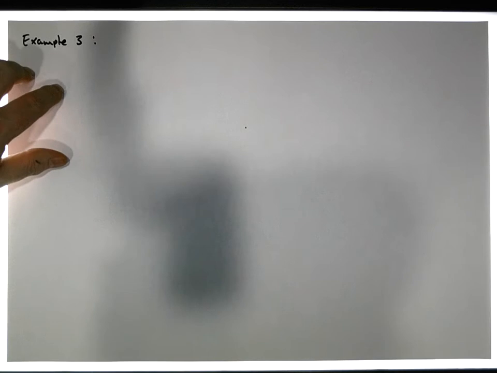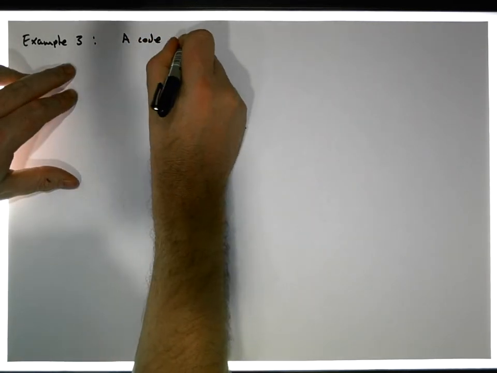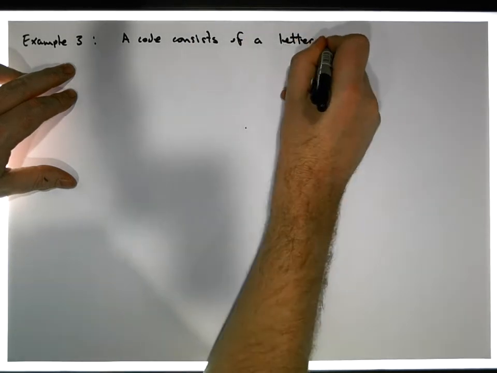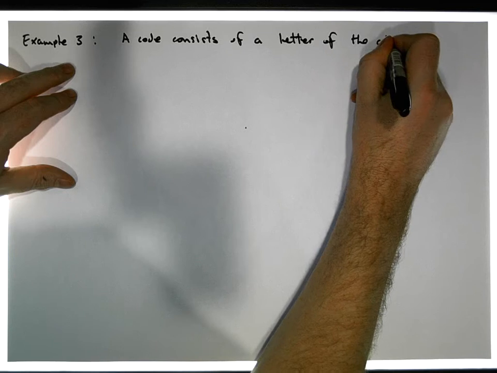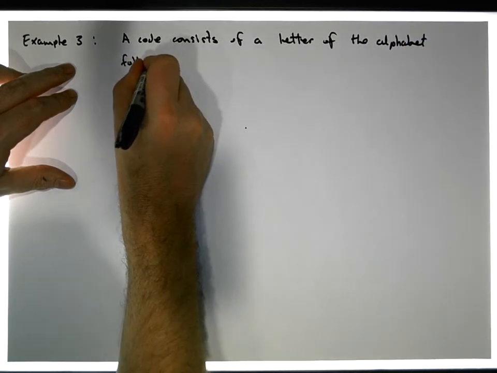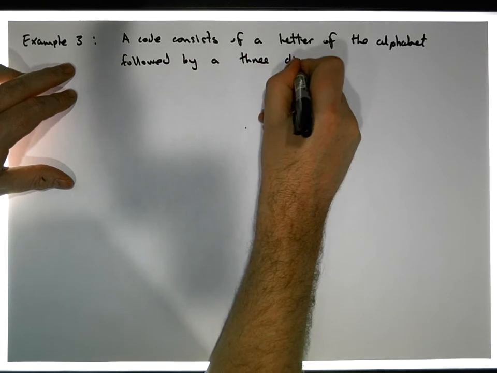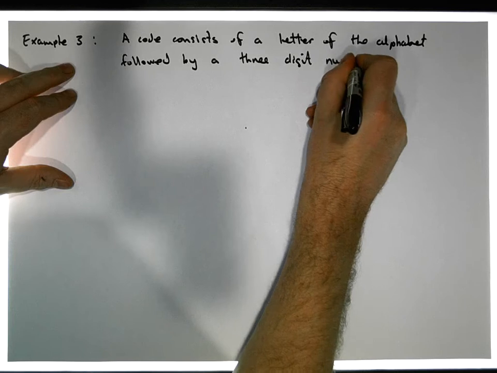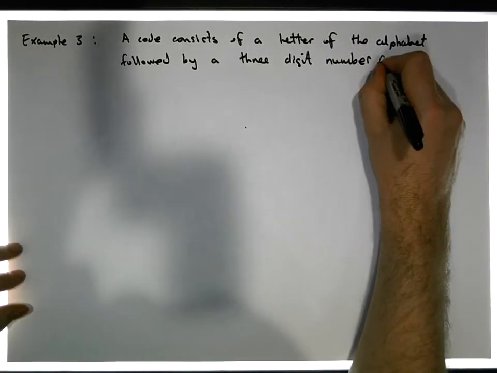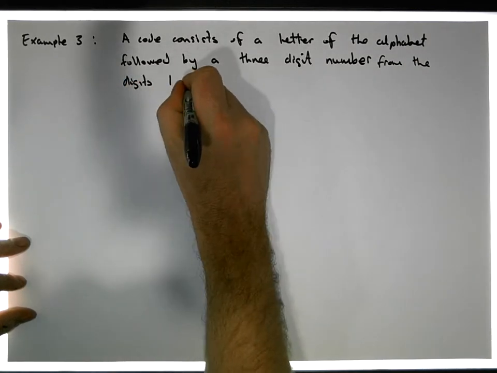Let's say a code consists of a letter of the alphabet followed by a three-digit number, from the digits 1 to 9.